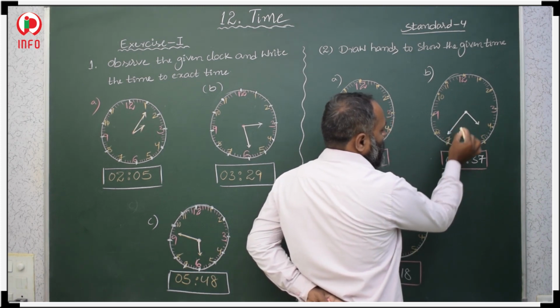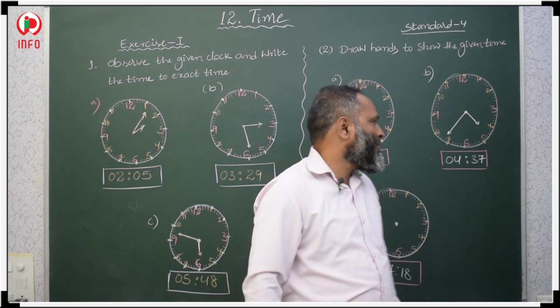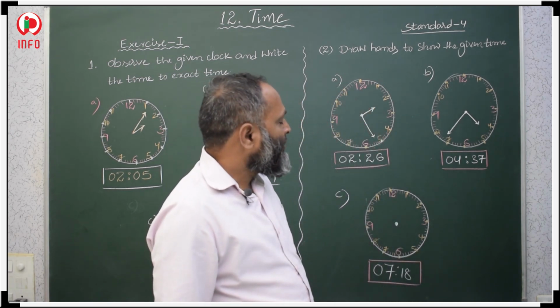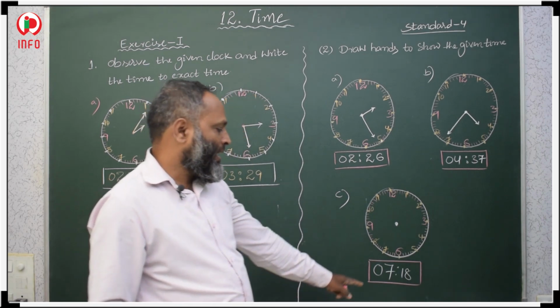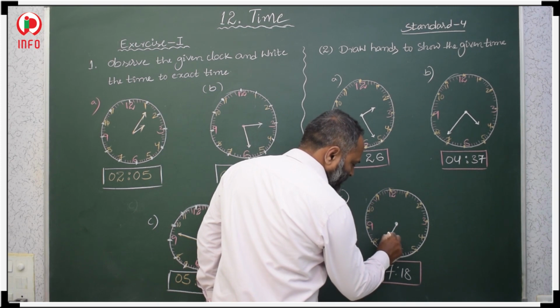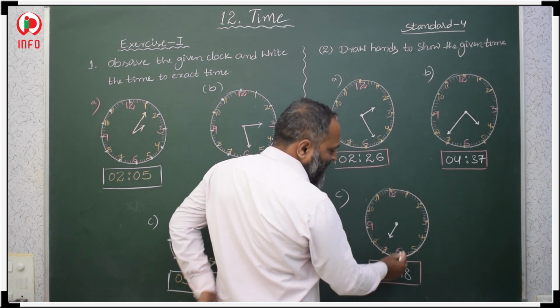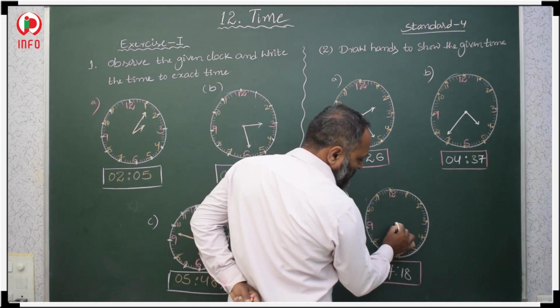Don't take exactly on 7; we move 2 more minutes forward. So it shows 4 hours 37 minutes. Now here, 7 hours means the hour hand is at 7, and 18 minutes: 3 fives are 15, then 16, 17, 18. We go 3 more minutes.